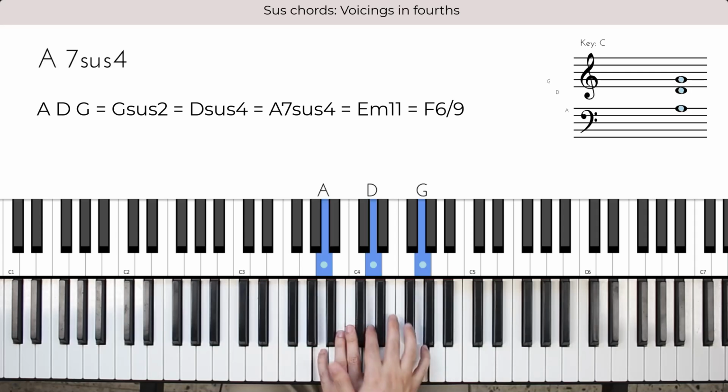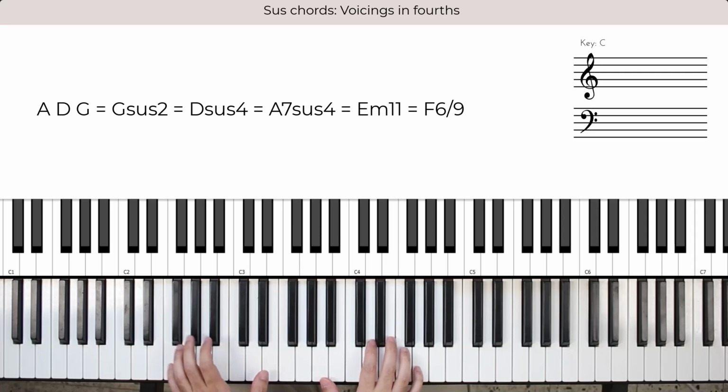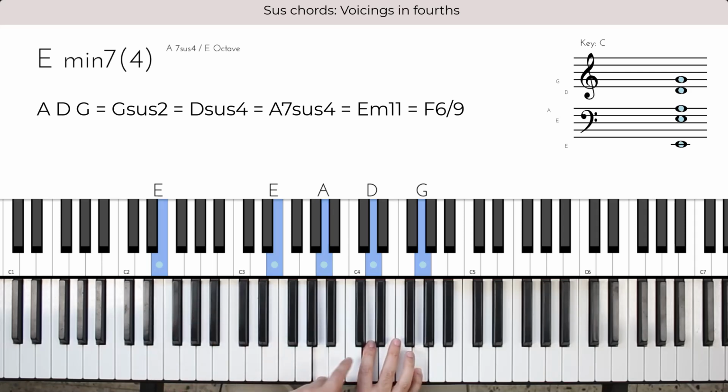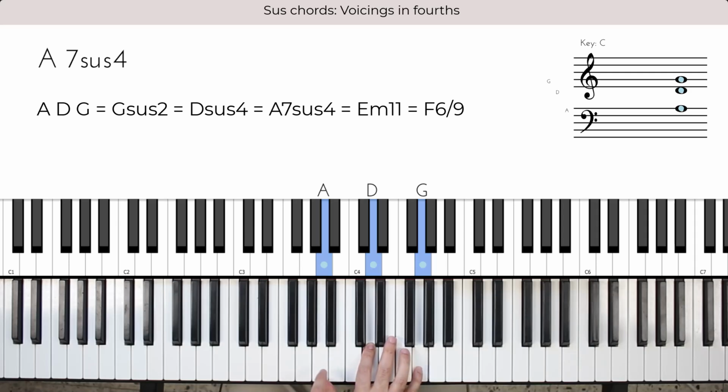But I could also think of this, really, as an A7 sus4, just without the 5th degree. Or I could also think of this as a rootless E minor 11. Right? I have the 7th, the 3rd, and the 11th degrees of the E minor scale.